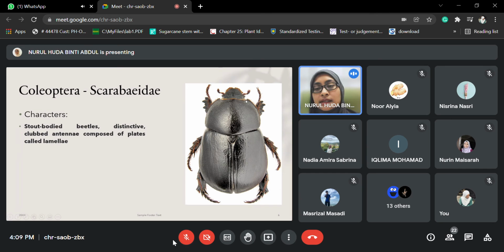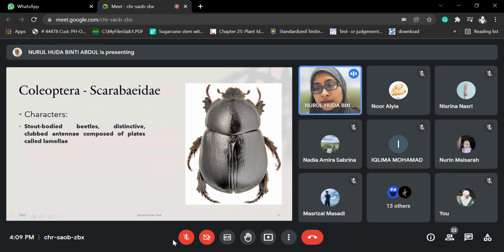You cannot see the eyes clearly from above. There is an eye here near the antenna. So here is the antenna. This is the lamellate part, the tip of the antenna that we call the lamella. Maybe 3 to 4 lamellae here.